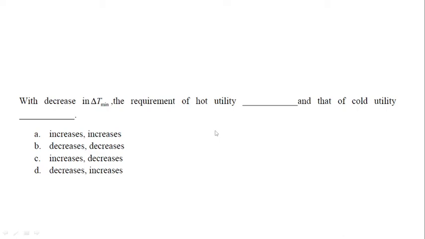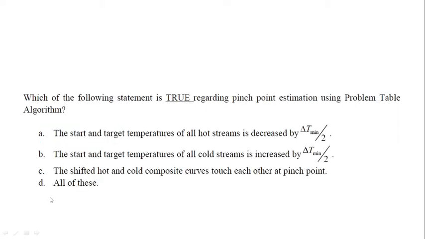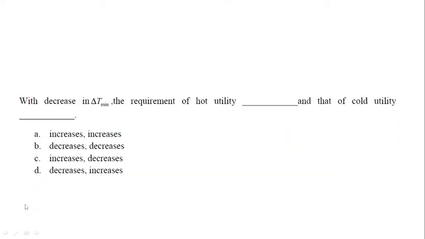Actually the hot utility required will be decreasing, and the cold utility required will also be decreasing with decrease in delta T min. So the answer for this one is option B.